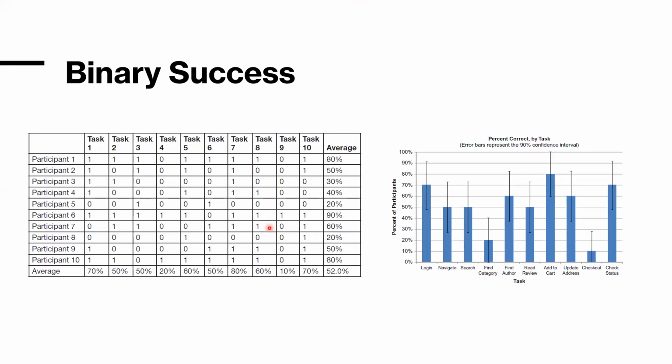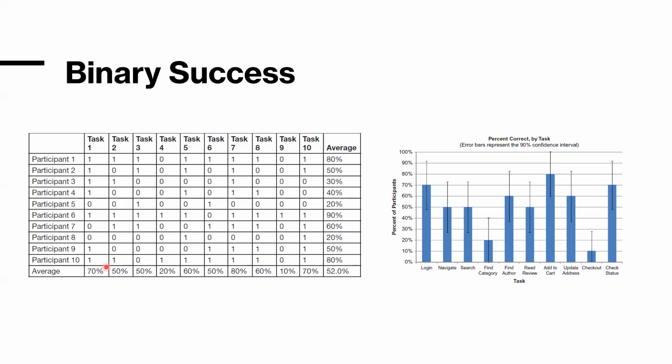So as you can see here, this is participant specific, and this is task specific, right? Very clear, we don't have any benchmark, just binary measurement, either one or zero.